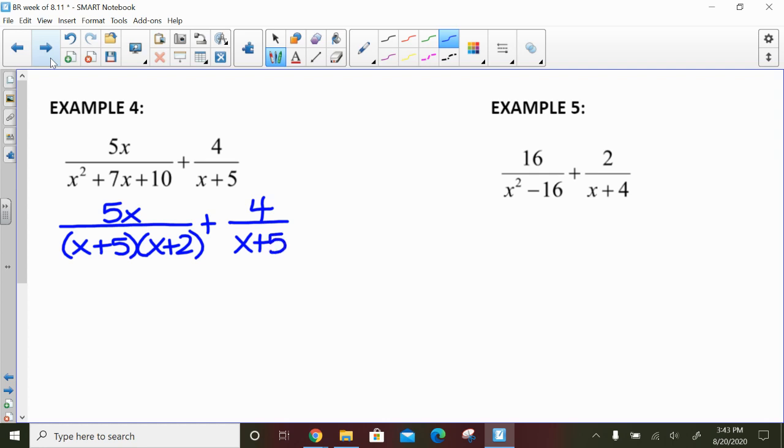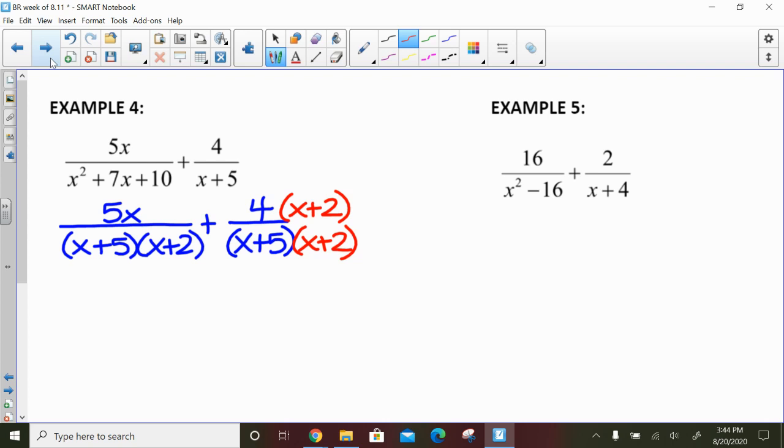Okay, so what you have to look at here is, on the left, what do I have that I don't have over on the right side? Okay, and that is the x plus 2. So I'm going to multiply by x plus 2 over here on top and bottom, because that will make me have the same thing on the bottom.